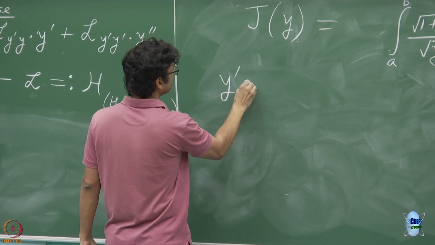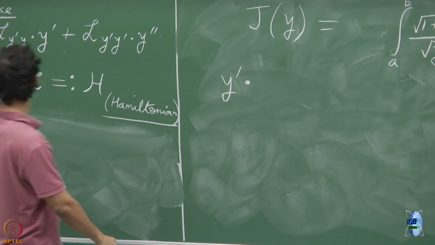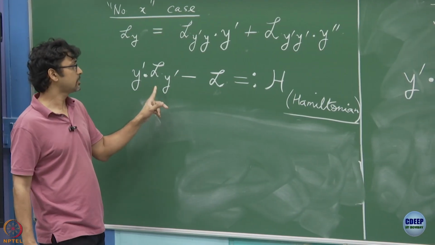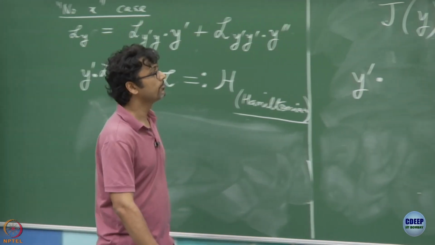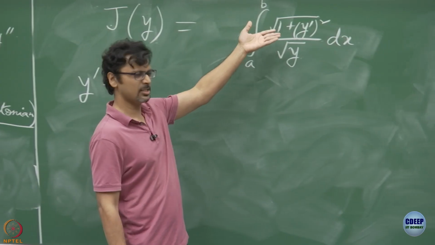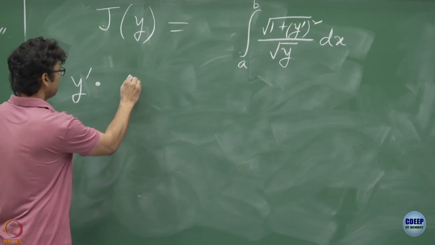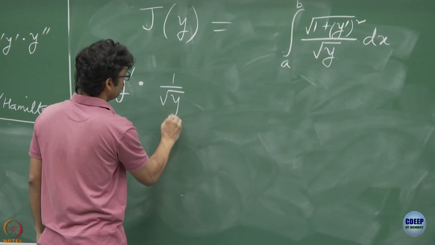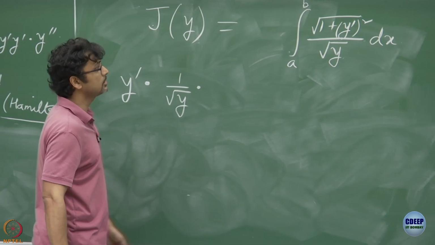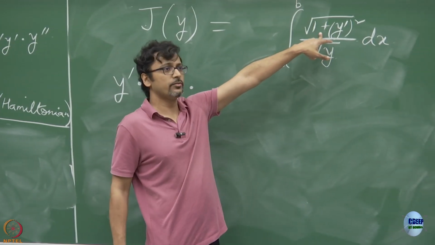What is y prime times L_y prime? It's just a bit of differentiation, isn't it? 1 by root y sits as it is. This fellow gets differentiated with respect to y prime.